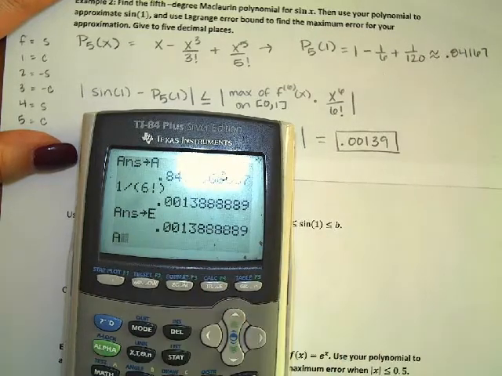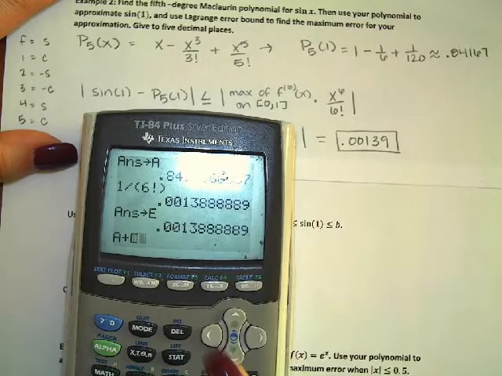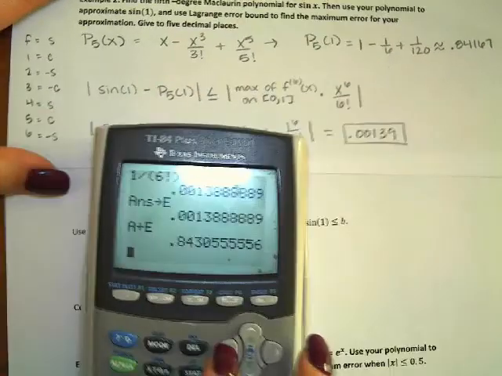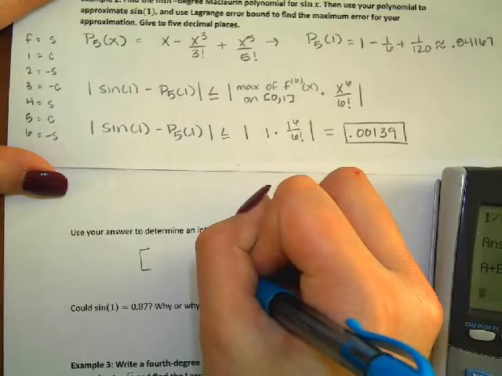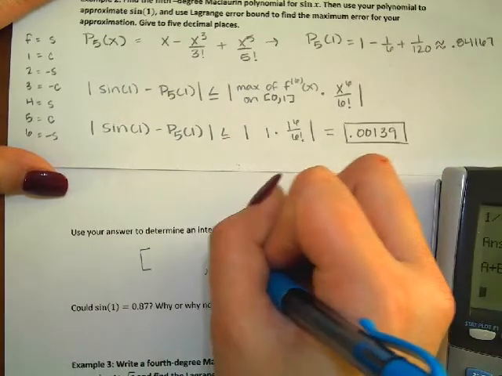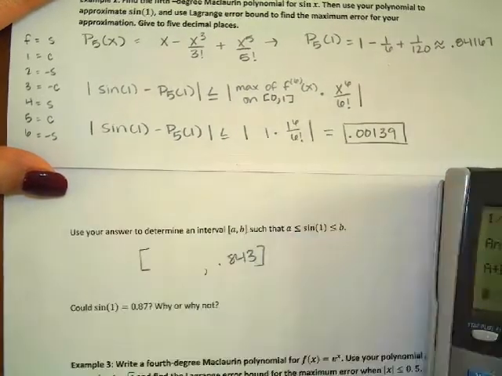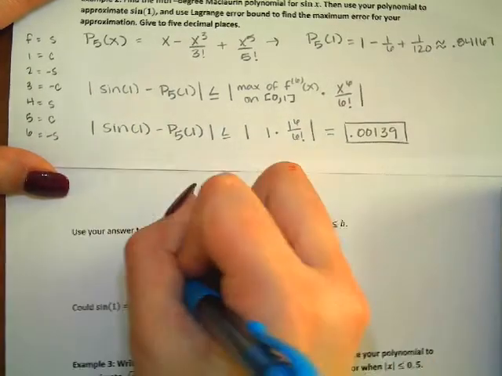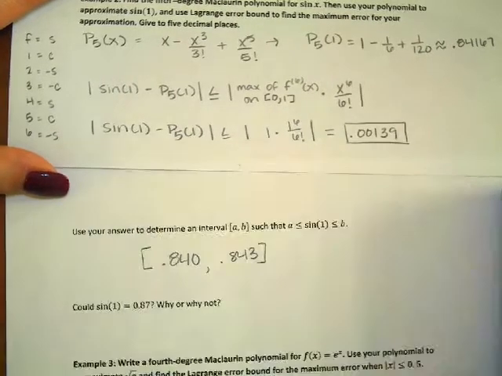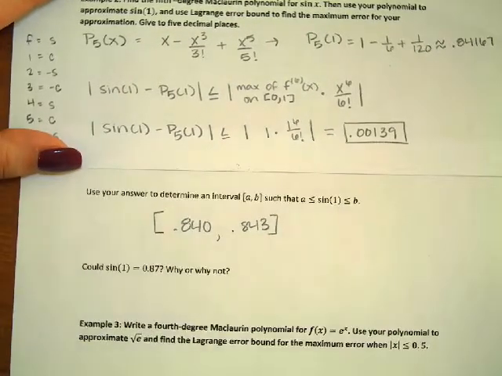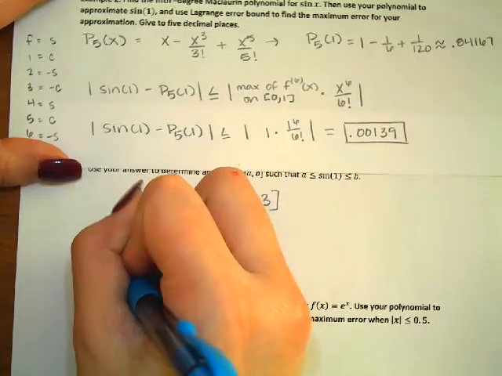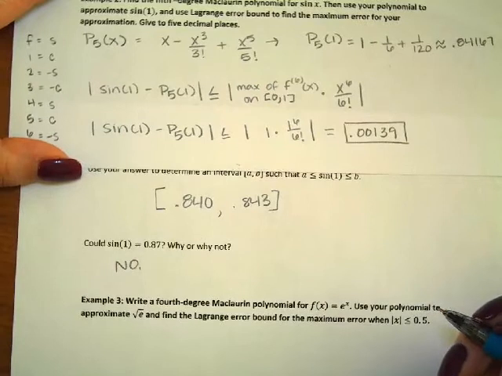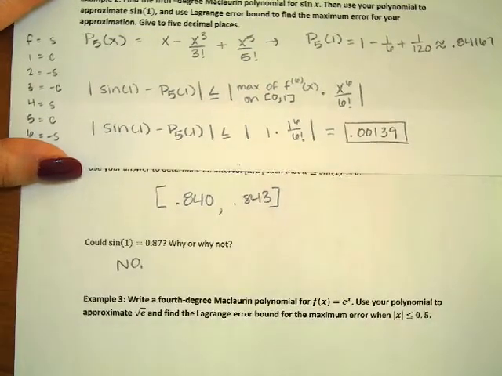So my approximation plus the error, and then approximation minus the error. Okay, so we think that sine of 1 is somewhere in between those two decimals. Could sine of 1 be 0.87? No, it's not on the interval. And our answer should be right.